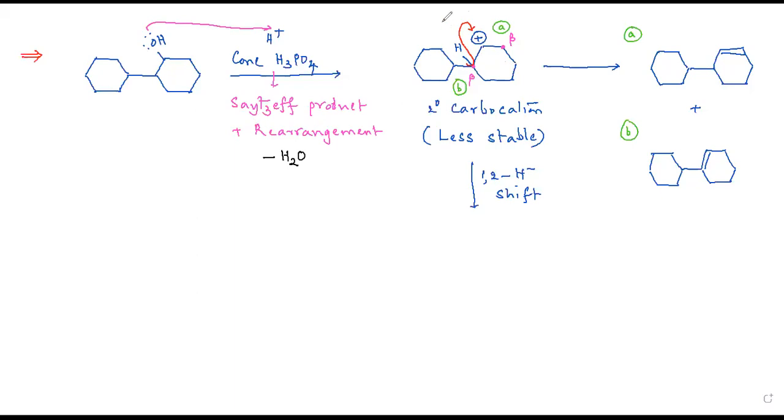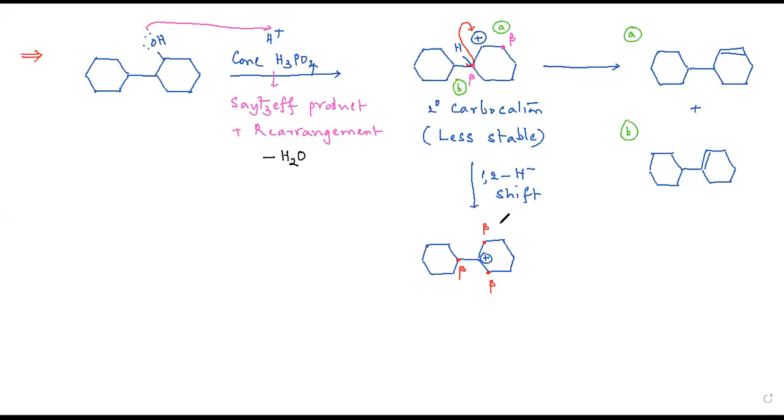I mean 1,2-hydride shift, right? Upon which we get a positive charge at this carbon. Now to this carbon, we have two possibilities. These two in fact are in the same environment. This beta are in the same environment. There is another beta here.